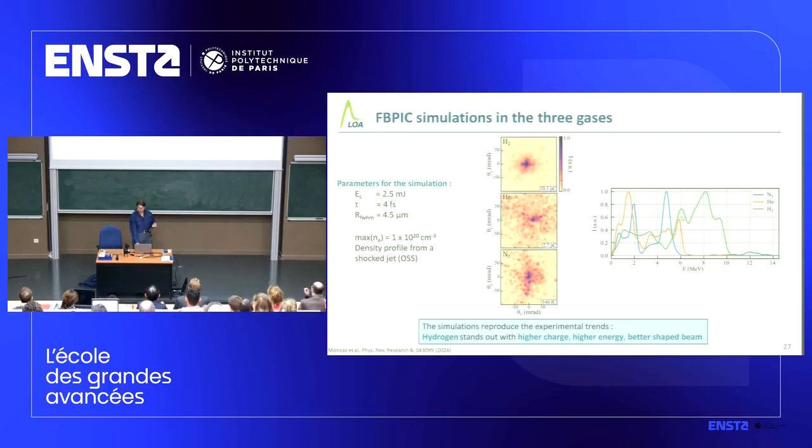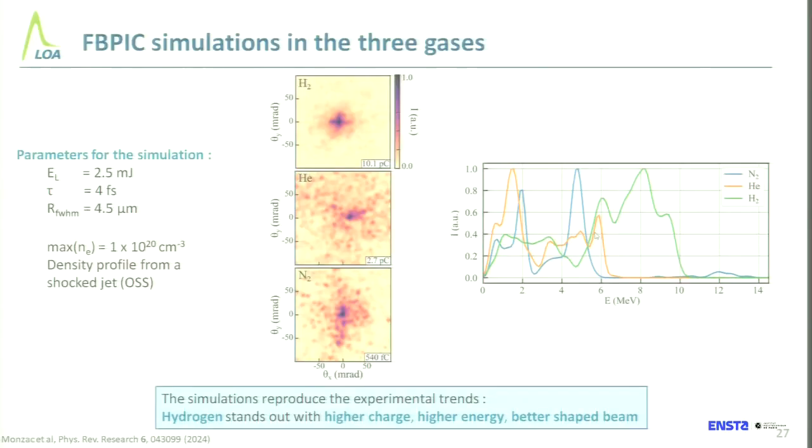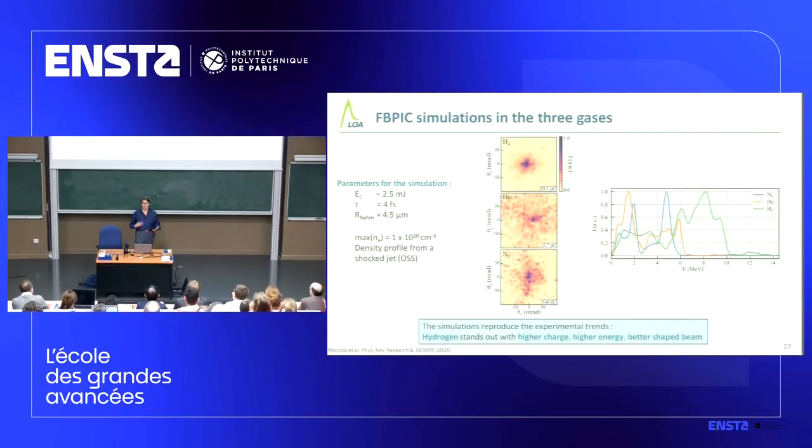Now, if we look at the spectrum, we have higher energies also in hydrogen, which is the green line, and nitrogen in blue and helium in orange have energies that are less important than using hydrogen. So these simulation results reproduced the trends that we observed in the experiments, with hydrogen always standing out from the other gases.